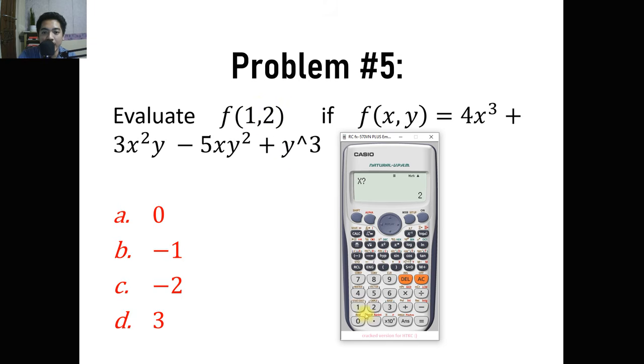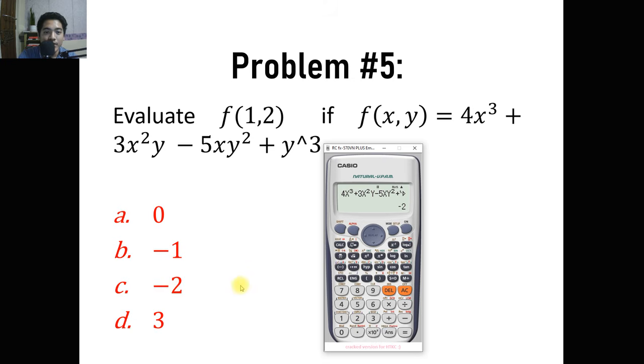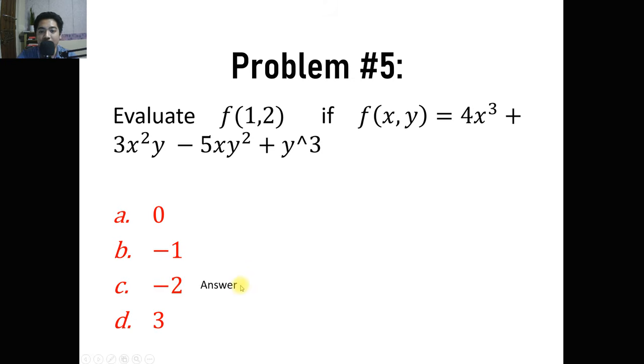First, input the value of x. Second, the calculator will ask you, what is the value of y? We input 2. And voila, we have the answer for that problem. The calculator has now evaluated the function that we have inputted. So we have negative 2. So guys, the answer here is letter C, negative 2.